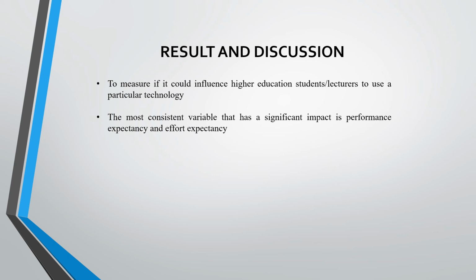In a nutshell, the original constructs from UTAUT model were used and the model was to measure if it could influence higher education students or lecturers to use a particular technology.